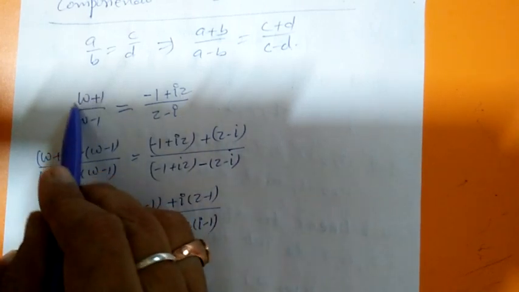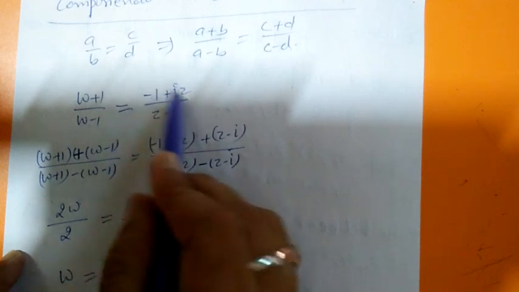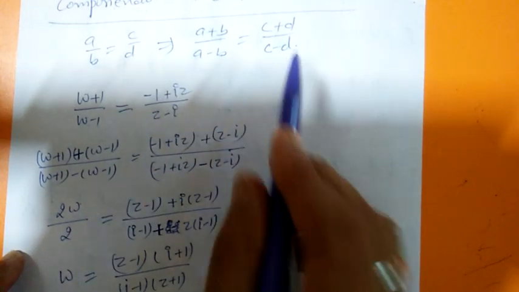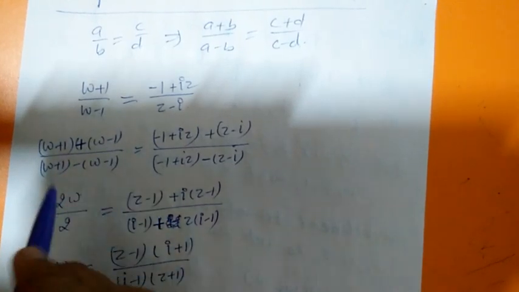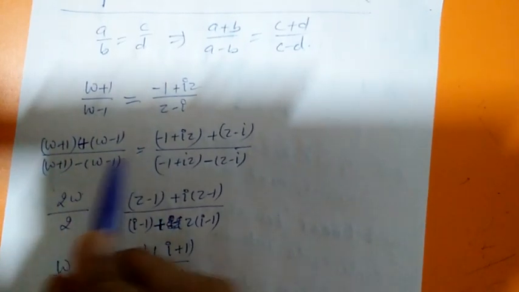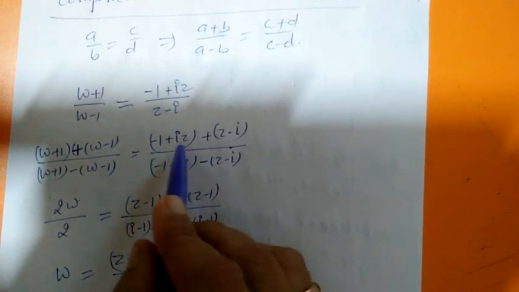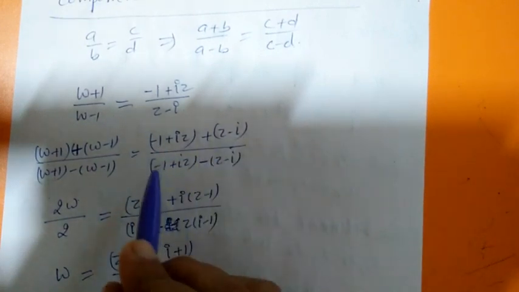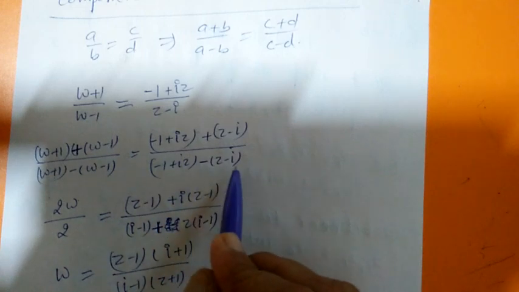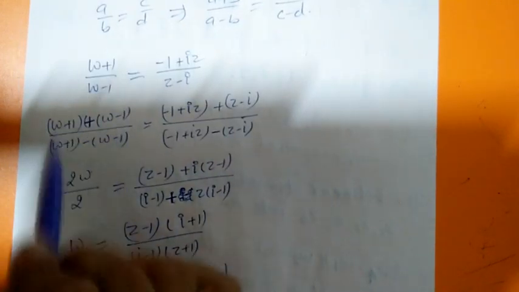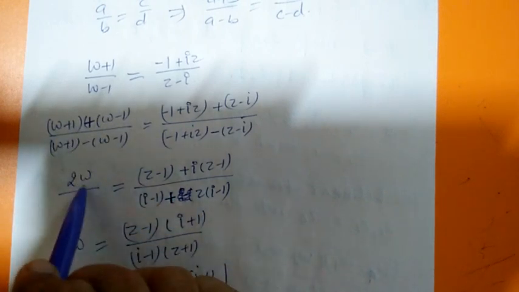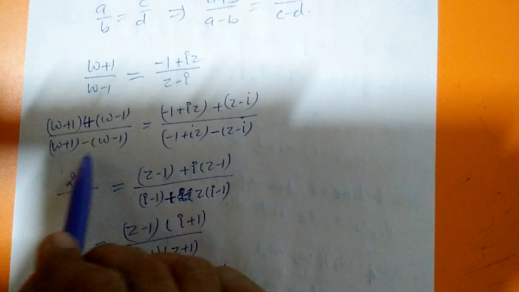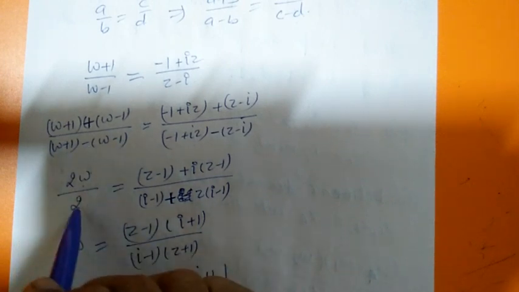If we consider this is a, this is b, this is c, this is d, then using this rule, (w + 1 + w - 1) upon (w + 1 - w + 1) is equal to (-1 + iz + z - i) upon (-1 + iz - z + i). So when we simplify, this minus and this plus cancel out. So 2w, and this w cancels out. So 1 plus 1 is 2. So 2w upon 2, and here the 2 cancels out.